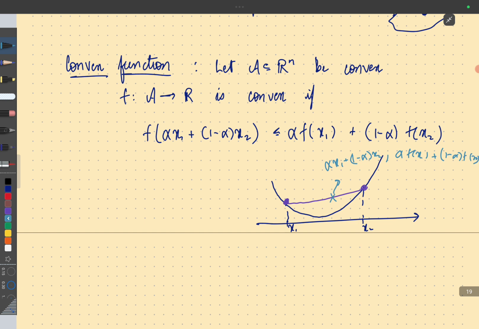As I vary alpha from 0 to 1, I get this line segment that joins these 2 points. Is that okay? Any questions? Great. But f of alpha x1 plus 1 minus alpha x2 would essentially be a point along this curve. And the function is convex if the curve always lies below this line segment.